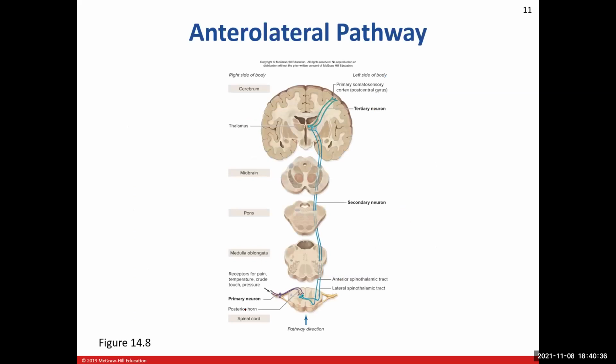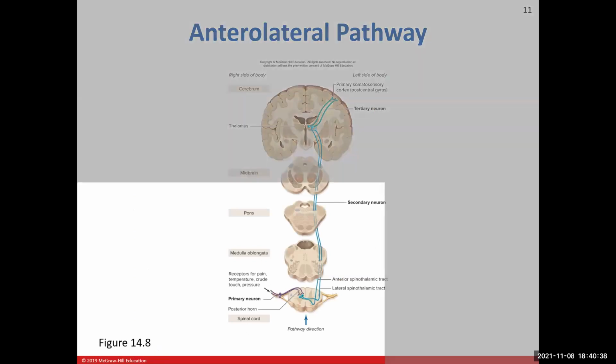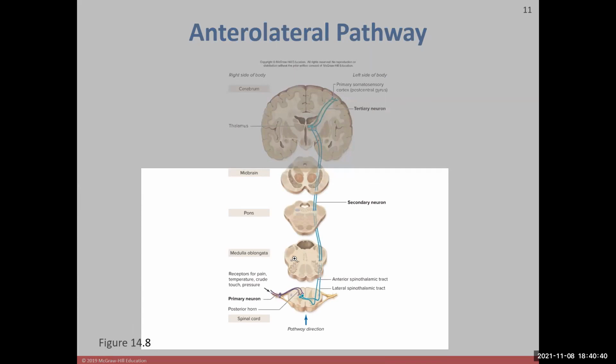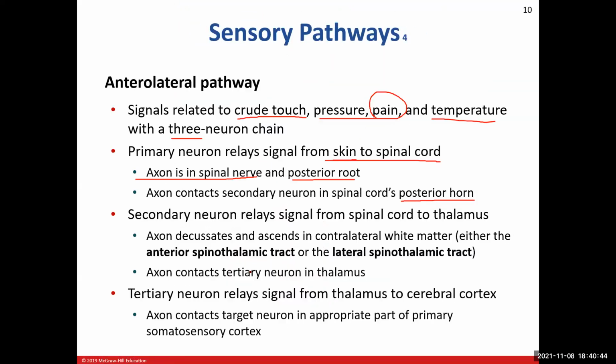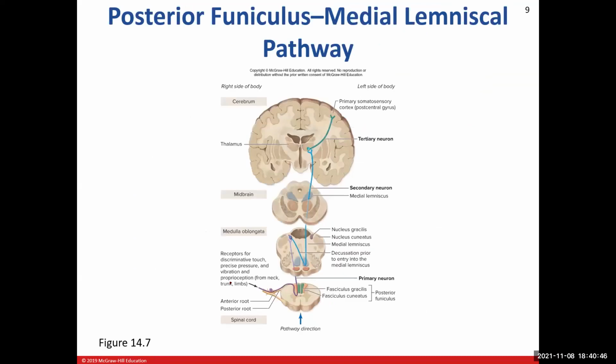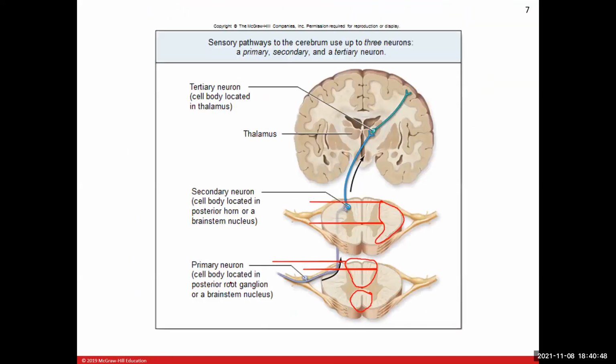So real quick here. Actually, I'll come back to that one in a second. Let me show you on this one, it's a little bit easier. All right, just a quick review. Here's the posterior horn.